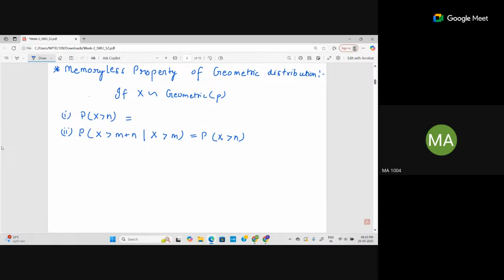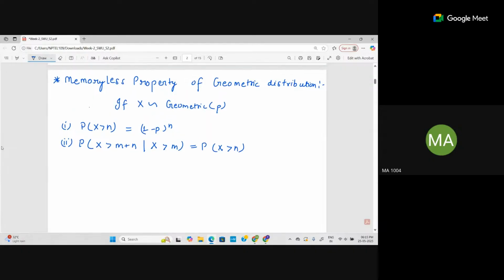I'm not going to solve the proof, but this value should be equal to 1 minus p to the power n. So what is the meaning of this memoryless property? First of all, what is the geometric distribution? What do you understand by geometric distribution?